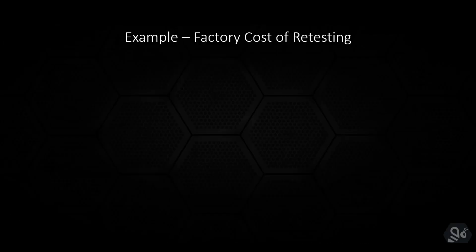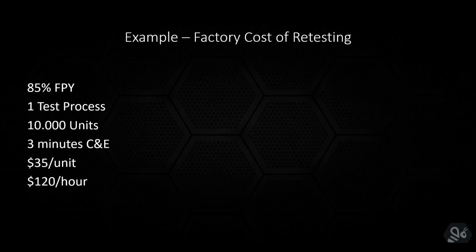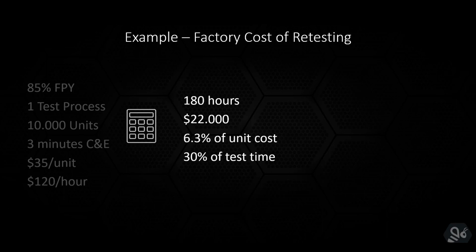As a simplified example here, if you run a production line with 85% first pass yield in one test process, approximate connection execution time of 3 minutes and 35 USD unit cost, then you probably spend about 180 hours simply retesting products, or 6.3% of your unit costs come from retesting from this factory time alone.